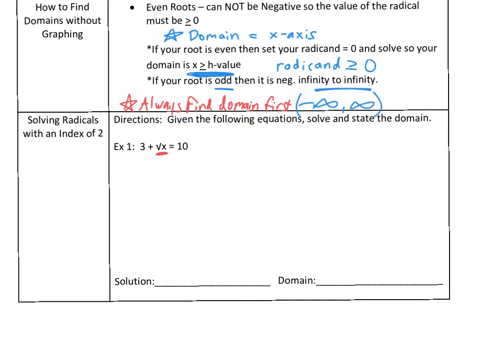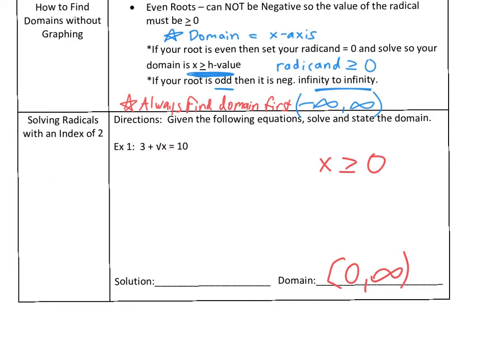Is that even or odd? It's even, right? Because it's a square root. So that means I just need to set everything under the root symbol greater than or equal to 0. If I had to write that in interval notation, it would just be this, 0 to infinity. So that's it on the domain for that one.